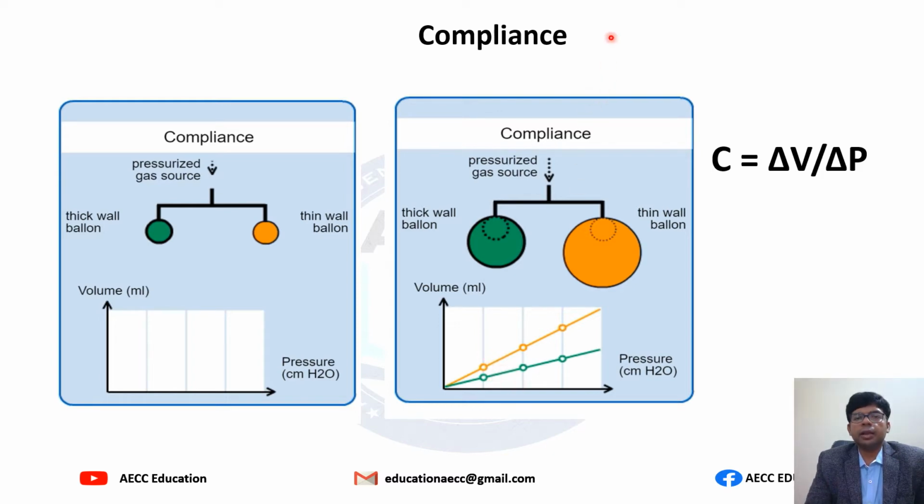This different angle shows the different level of compliance of the two balloons. Hence, compliance is defined as the change in lung volume per unit change in the transmural pressure gradient, and compliance is measured in ml per centimeter of water.